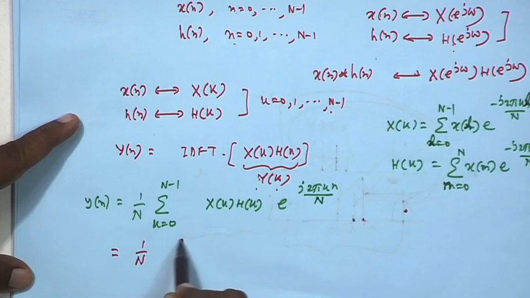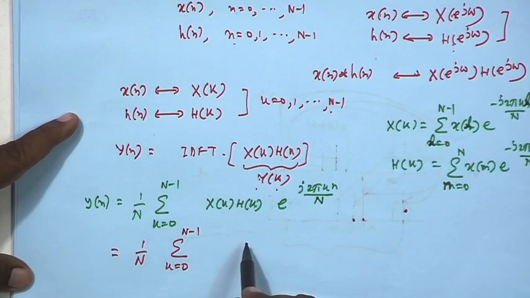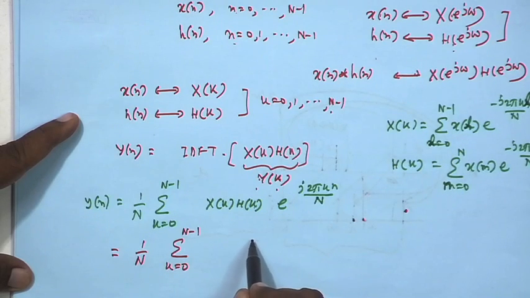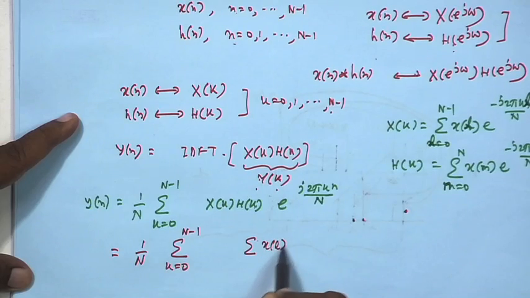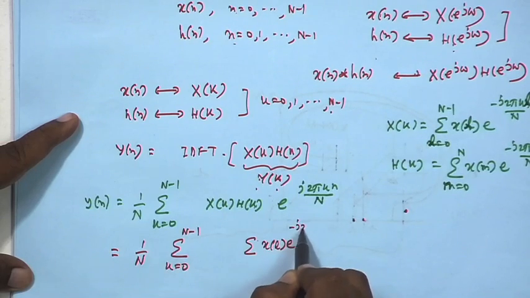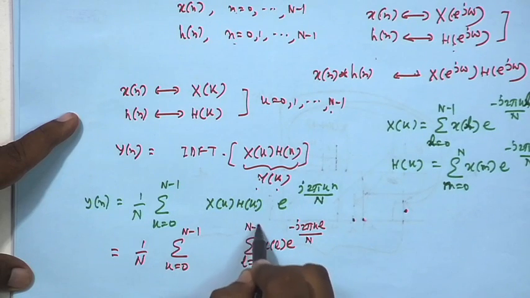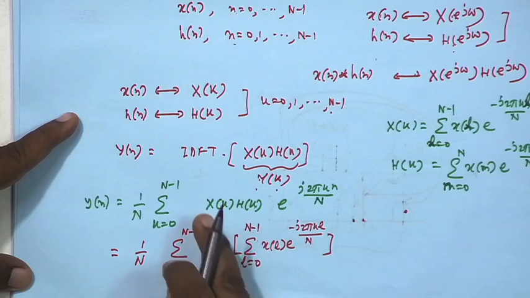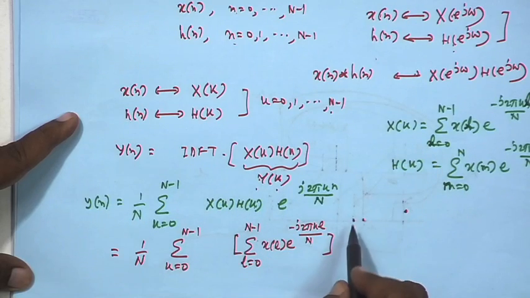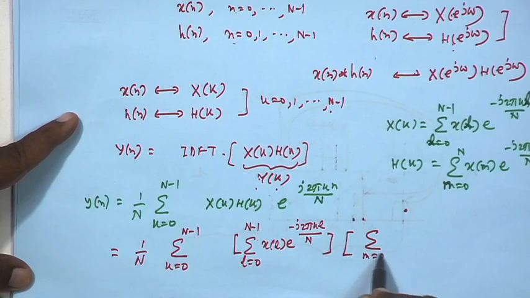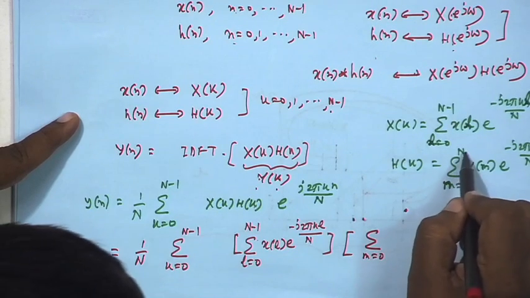So, what I have then the summation, this is your capital Xk, then again capital Hk. N minus 1, sorry.